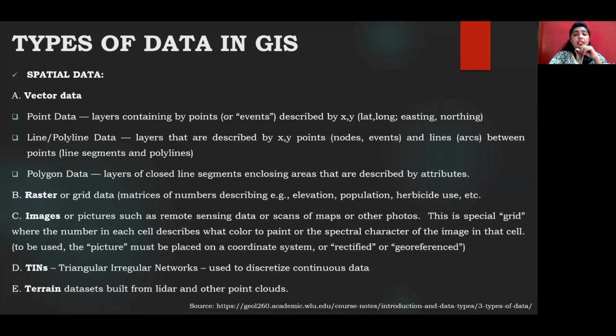When it comes to the kind of data that are being depicted in a GIS, there are two types of data. Majorly, what people say is there are two types of data: spatial data and aspatial data. We call it attribute data or non-spatial data. But there's also a third kind of data, which is metadata. We'll come to each and every type of data. The basic difference between spatial and non-spatial data is that spatial data have a specific location.